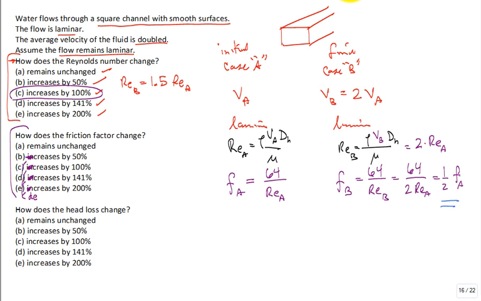So how do you describe that? It's half of what it is, so it decreased by half, 50%.